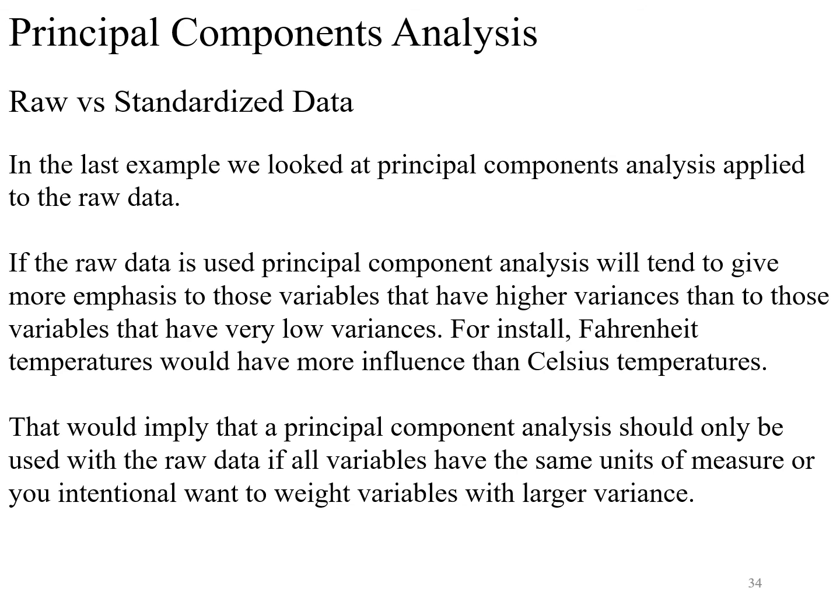So for instance, in the same analysis, if you had Fahrenheit temperatures, they would have more influence than Celsius temperatures because the Fahrenheit temperatures for a given area tend to have larger values in magnitude than the Celsius temperatures.